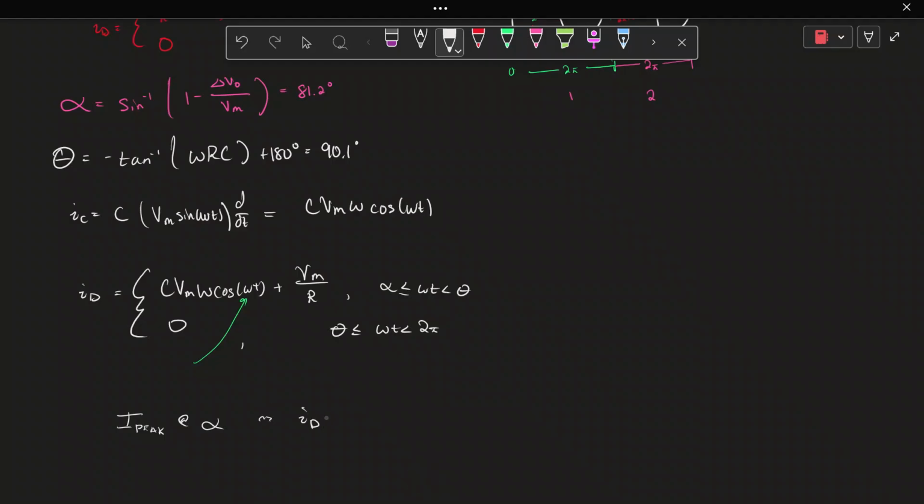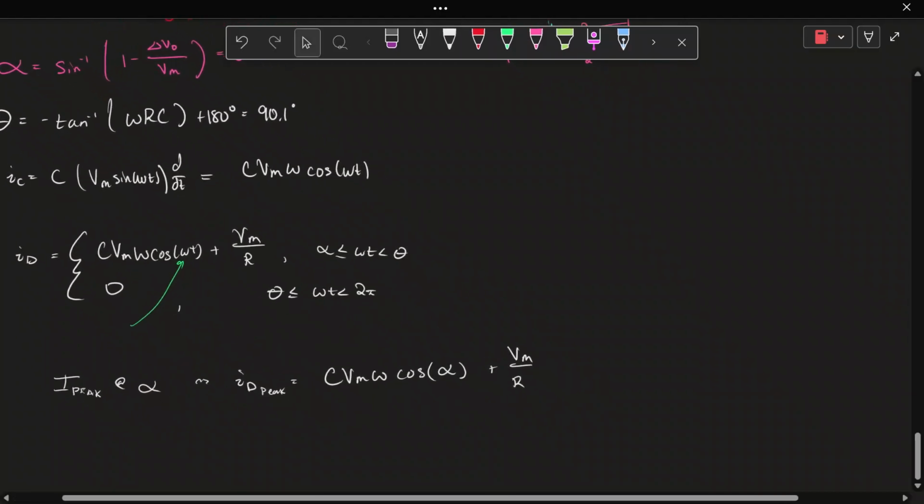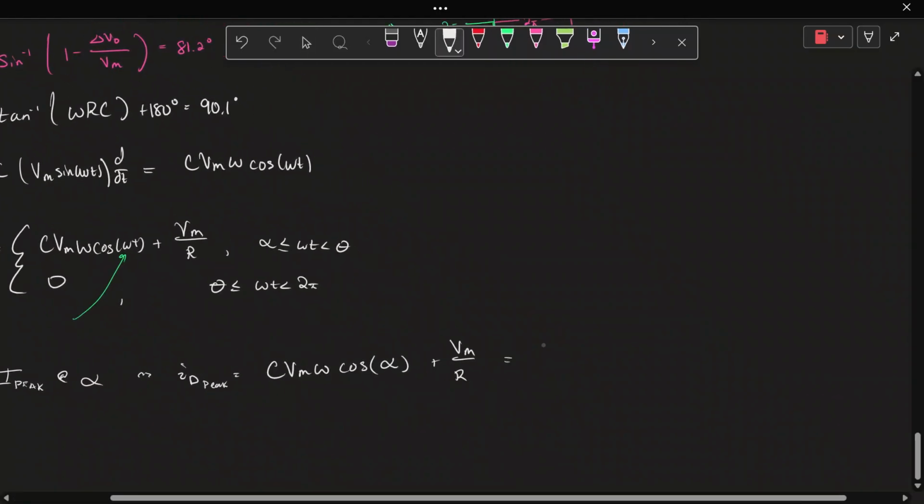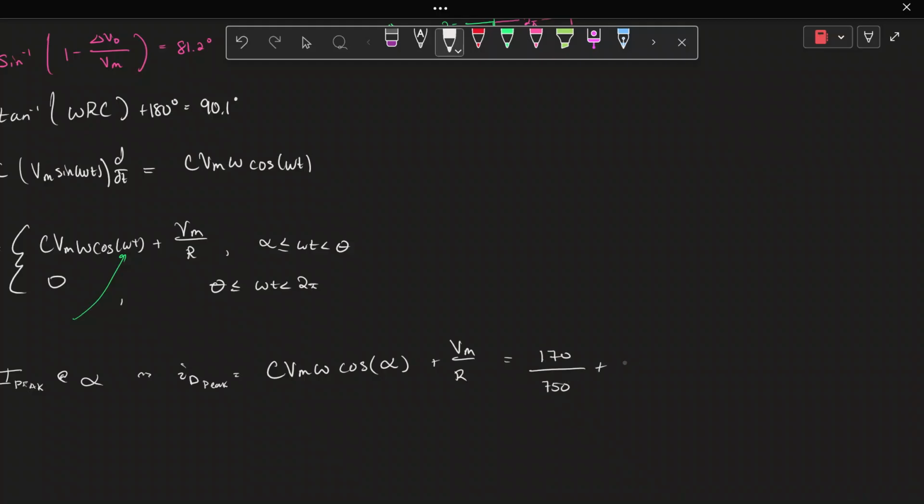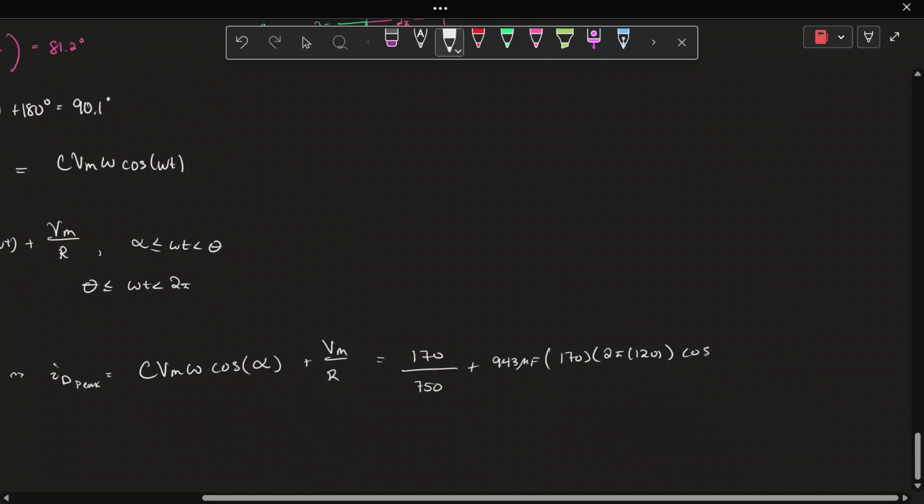Thus, ID peak is going to be equal to C VM omega cosine of alpha, plus VM over R. And this is going to be equal to 170, which is your VM, divided by 750, plus your capacitance value that we found earlier, 943 microfarads, times VM, 170, times omega, 2 pi times 120, cosine of alpha, or 81.2 degrees.